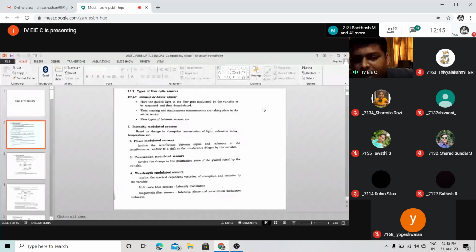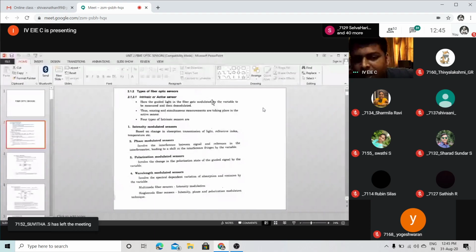Okay. So second point, sensing and simultaneous measurements are taking place in the active sensor or intrinsic sensor. Okay. The second point is about sensing and simultaneous measurements. So I'm discussing 2 points. The first point is the guided light in the fiber gets modulated by the variable to be measured.